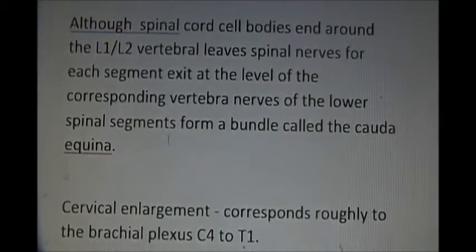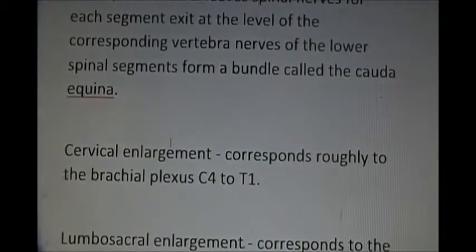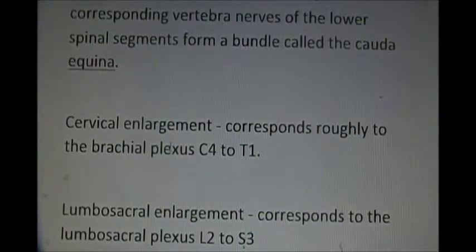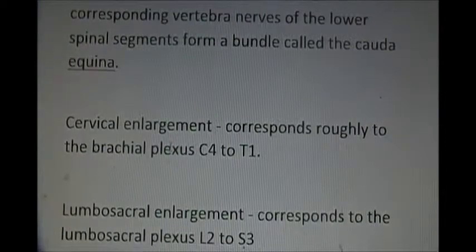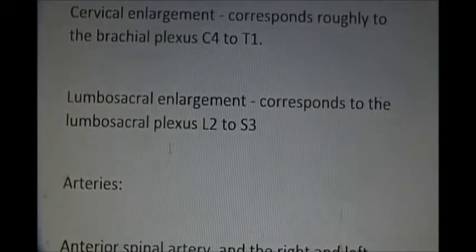This is known as cauda equina. There are two enlargements in the spinal cord, at the cervical level and at the lumbosacral level. The cervical enlargement is at C4 to T1, and the lumbosacral enlargement is between L2 to S3.